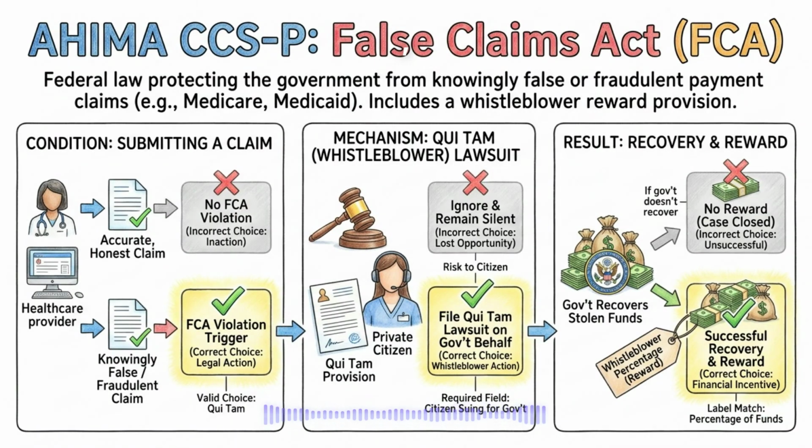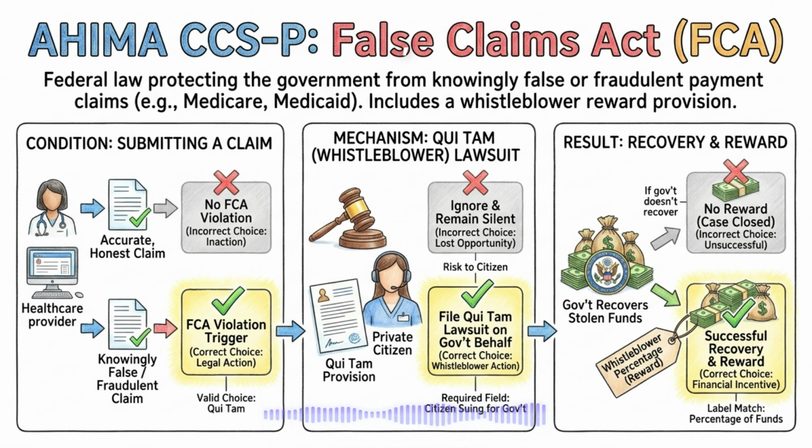To combat fraud, the government relies heavily on the False Claims Act, which is a powerful federal law that protects the government from being overcharged. This law makes it illegal to knowingly submit a false or fraudulent claim for payment to Medicare or Medicaid.